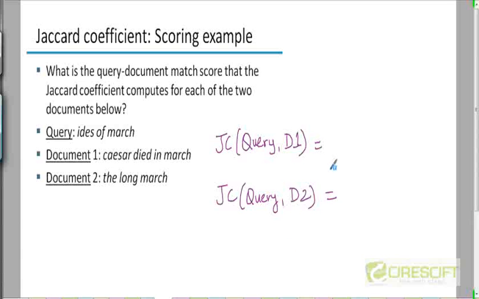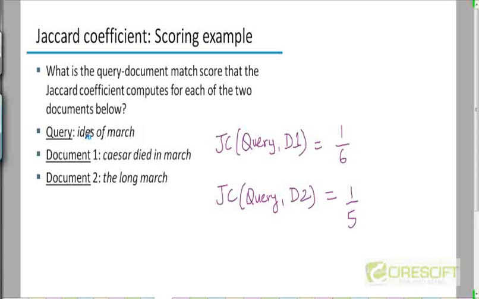1 by 6 and 1 by 5. Yes, if you're going by the actual tokens as opposed to by words, then 1 by 6 and 1 by 5.